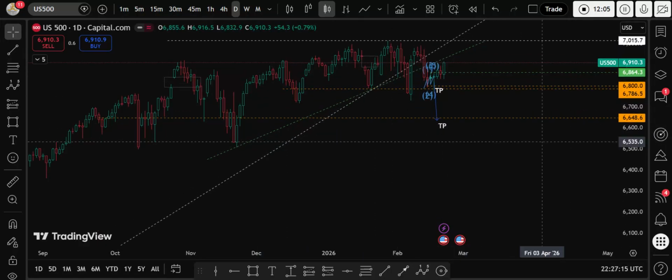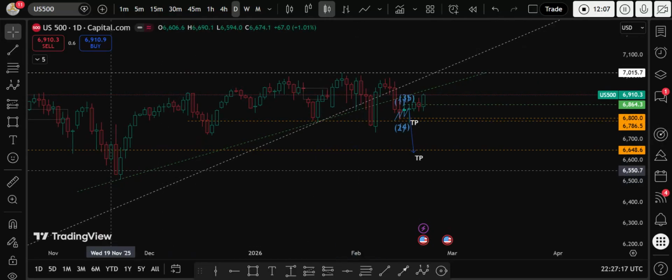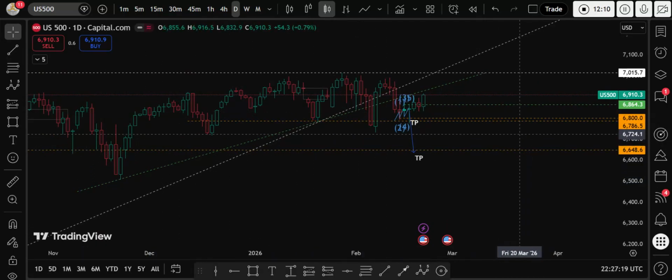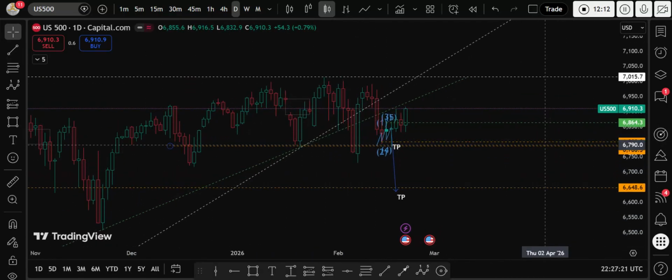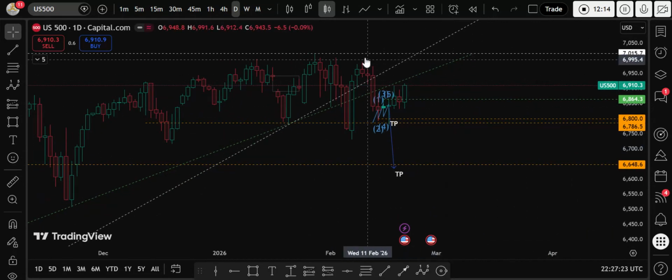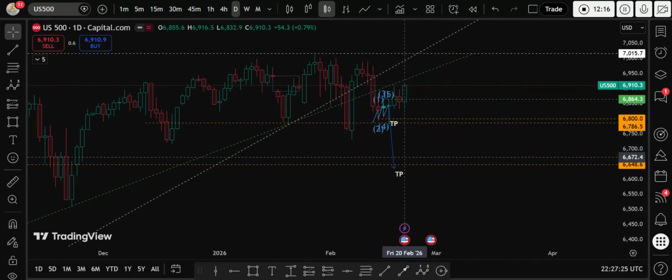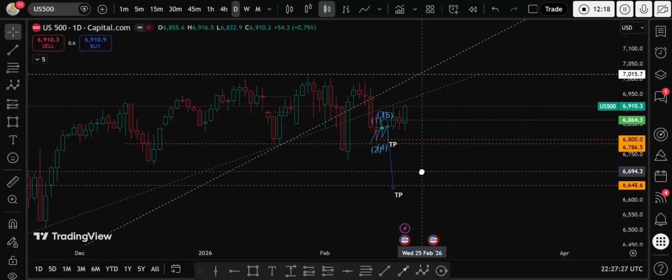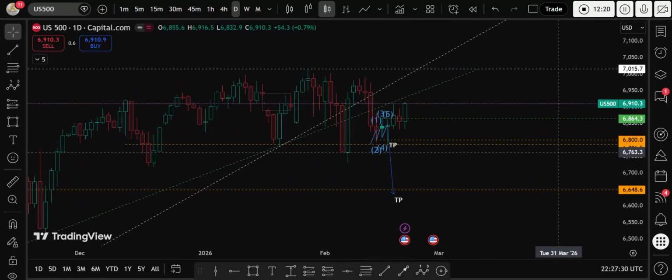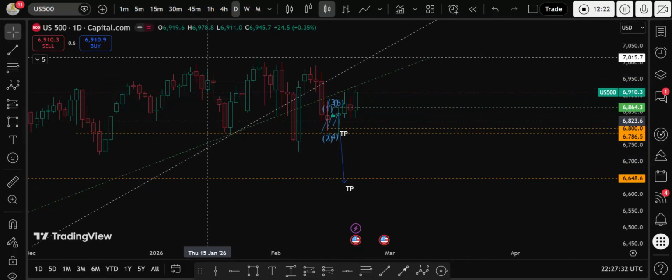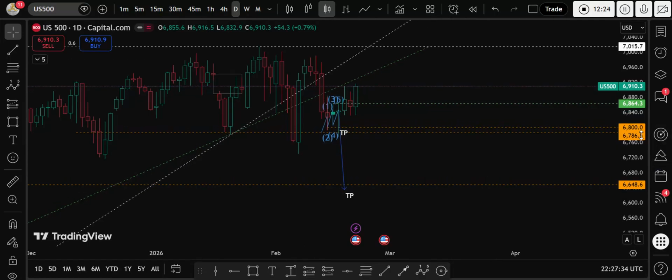And our weekly and daily trend lines have been breached. So right now, if you can see this, guys, this is a free trade for next week.